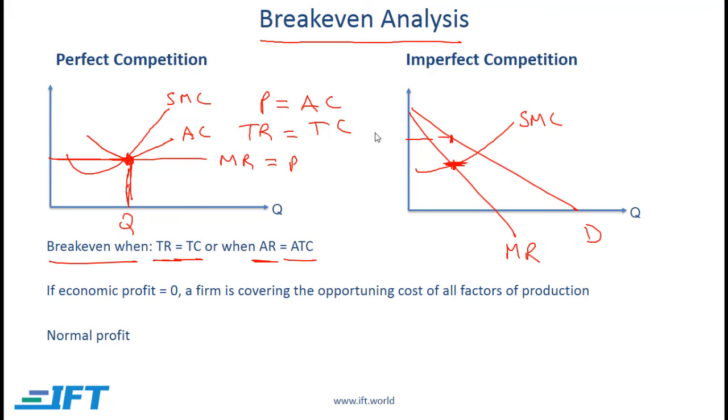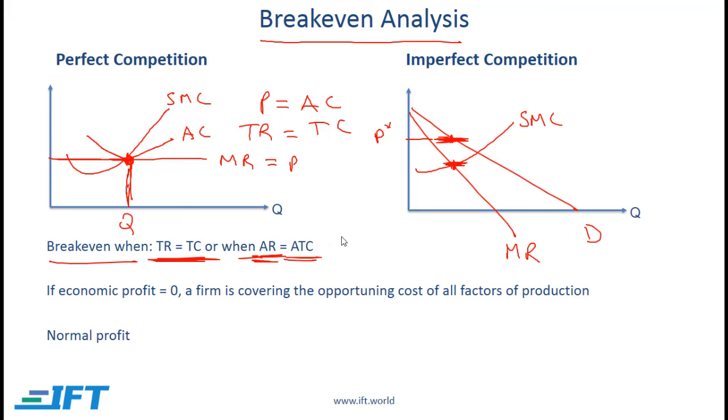So that's the price. But if the average cost is also equal to this amount, then we say that the firm will be breaking even. So the key point to remember is a firm breaks even when total revenue is equal to total cost, which is the same as saying that average revenue is equal to average total cost.